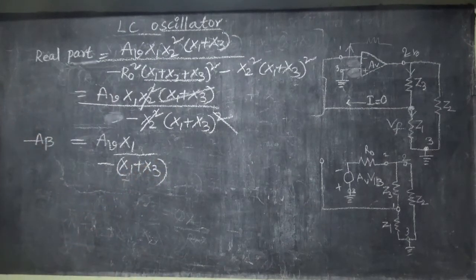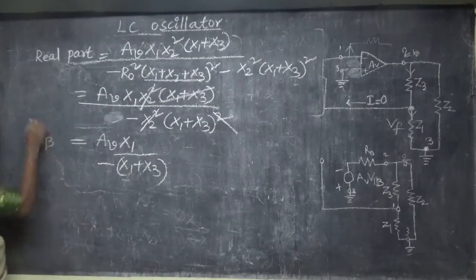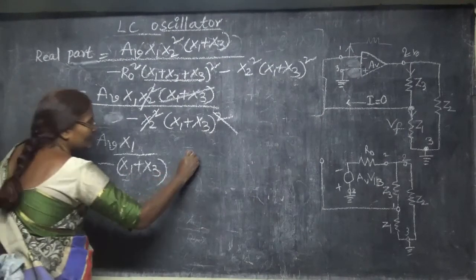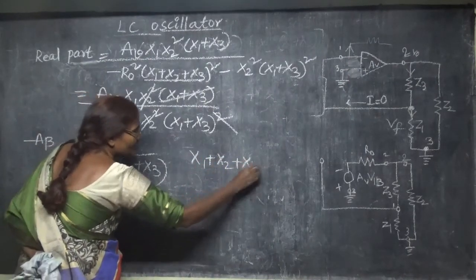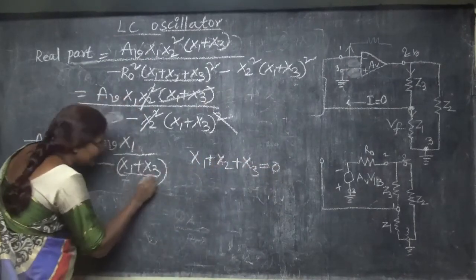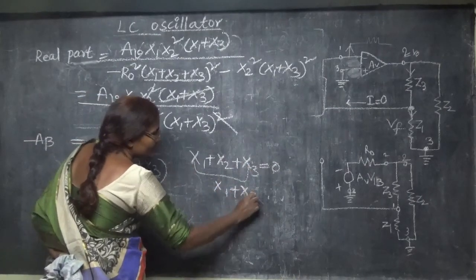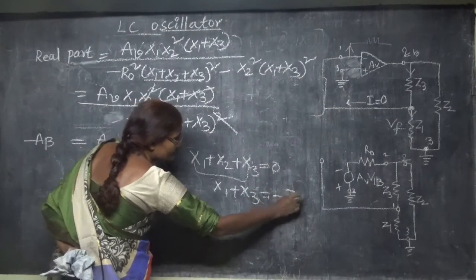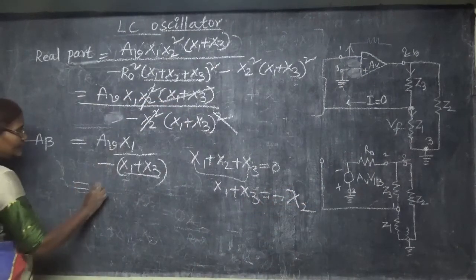Now, what I have is x1 plus x2 plus x3 is equal to 0, right? So now what happens to x1 plus x3? x1 plus x3 is going to be minus x2. So can we write minus x2 instead? If we write it, what happens?